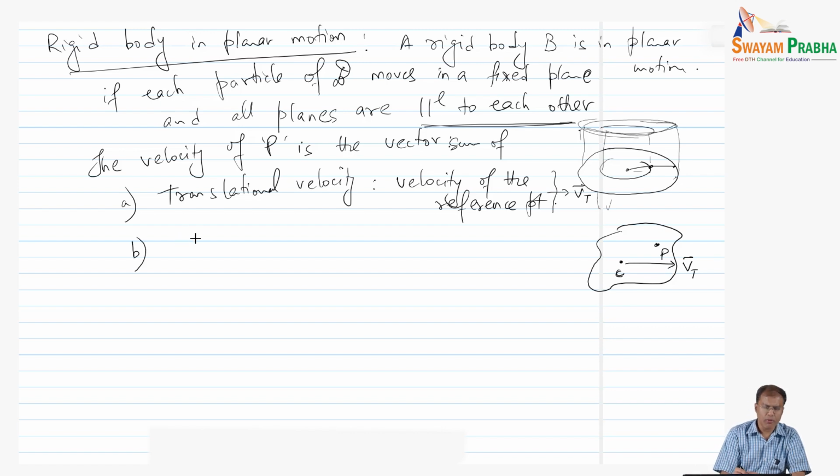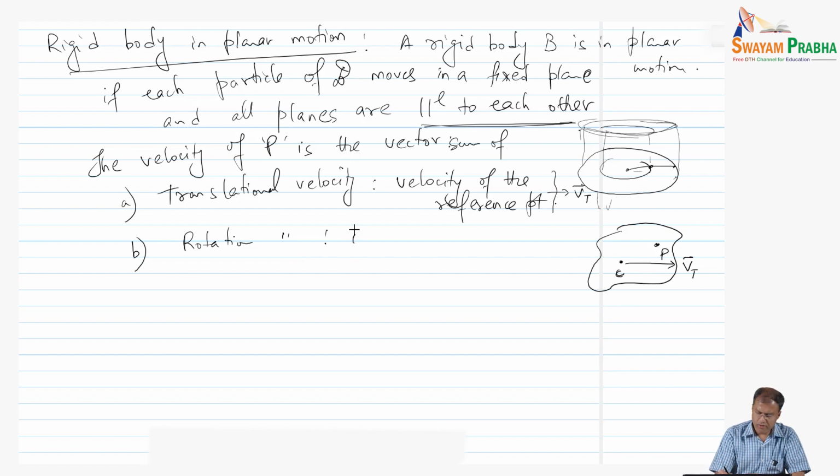The next component is the rotational velocity of the body. If we fix the reference point, it is the component due to the fact that the body is rotating with some angular velocity omega.